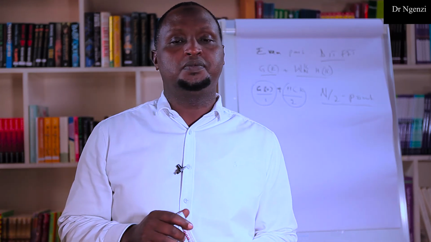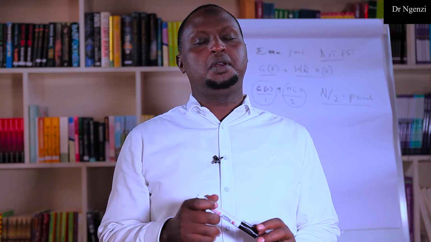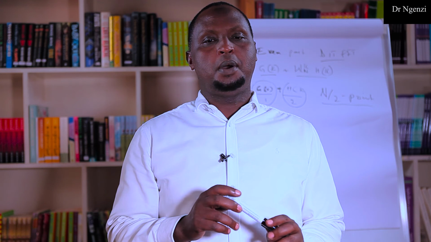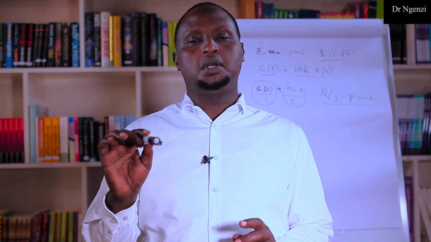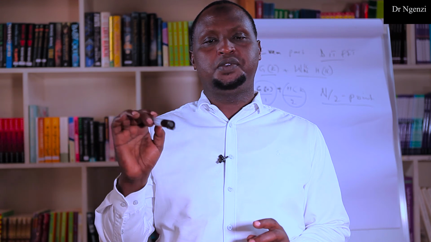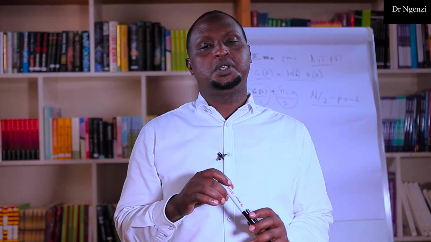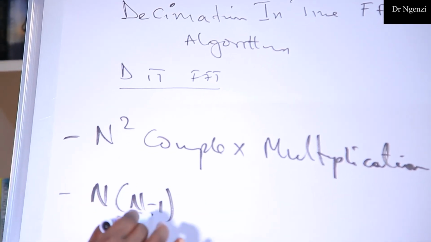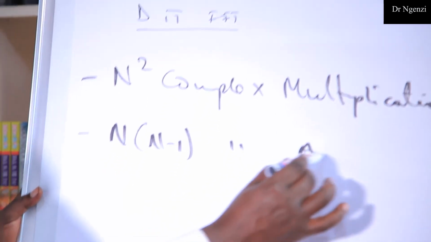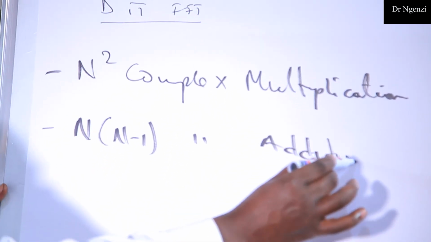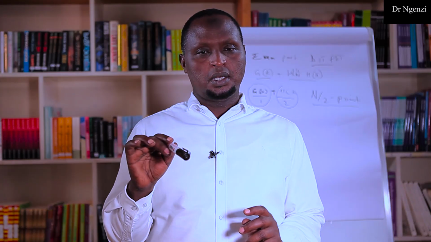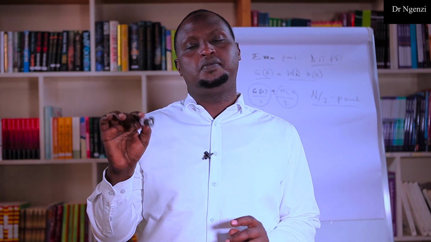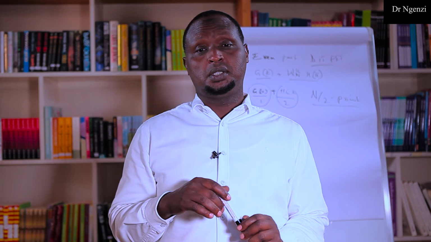That is number one. Second point, we also have to come up with the coefficient that you are going to multiply in your equation, which is W_N. For the DFT algorithm using FFT, remember, W_N is going to be W_N over 2 for the N over 2 point algorithm.